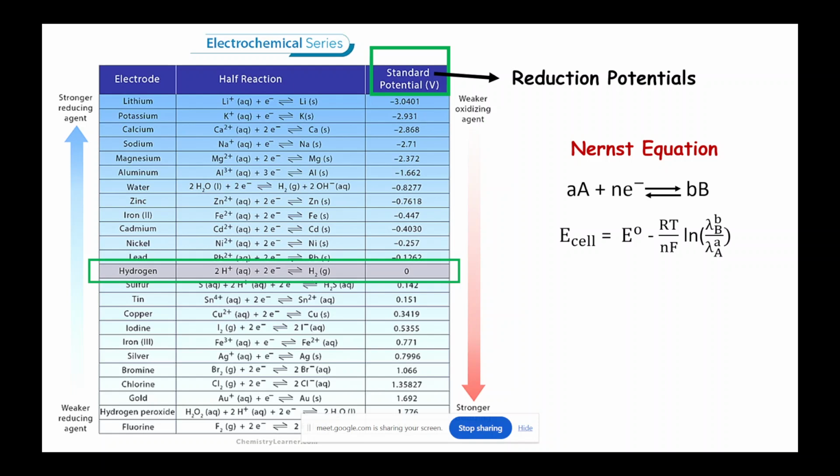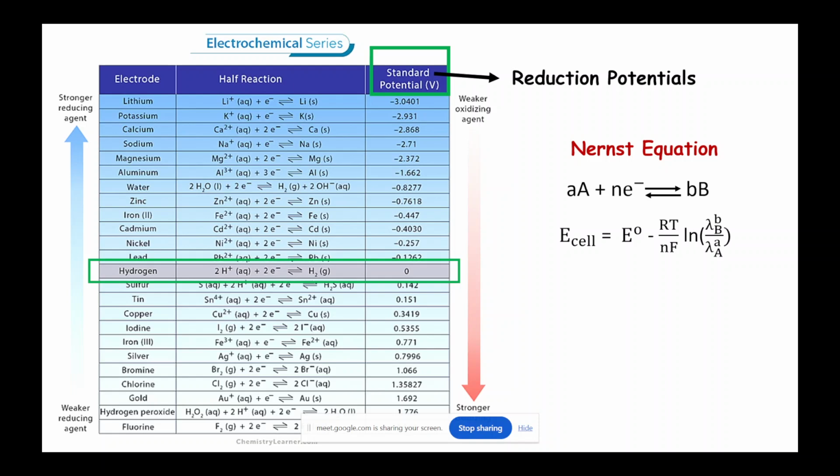The Nernst equation usually helps us in determining the EMF of a particular half cell reaction. That is what is typically represented in this equation.